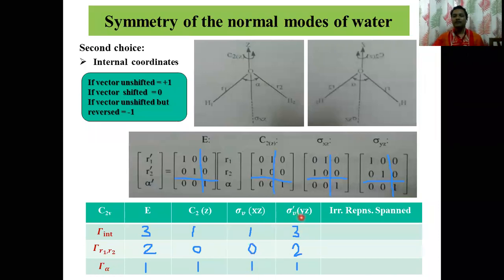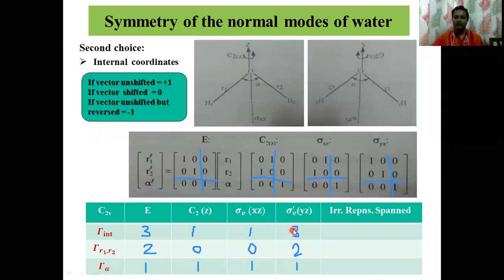If we go for sigma b prime, what you will realize is that it's the plane of the screen of this computer. So R1 remains R1, R2 remains R2, and alpha remains alpha. So that is almost similar to your identity.